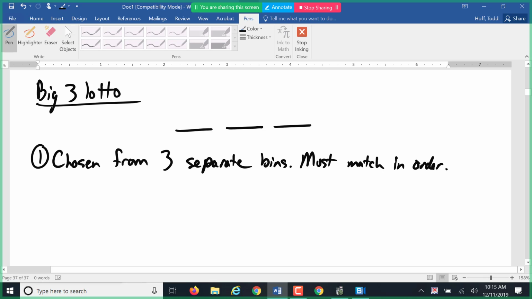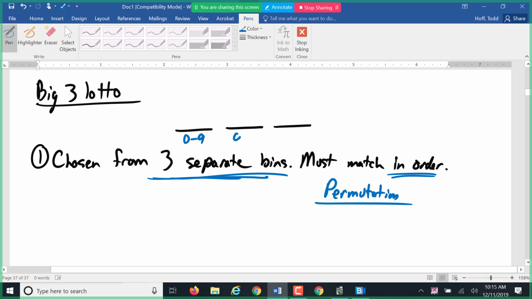Well, if you must match them in order, the fact that it says in order tells us this is a permutation. 3 separate bins is telling us the first bin has the digits 0 through 9. Second bin has the digits 0 through 9. Third bin has the digits 0 through 9.